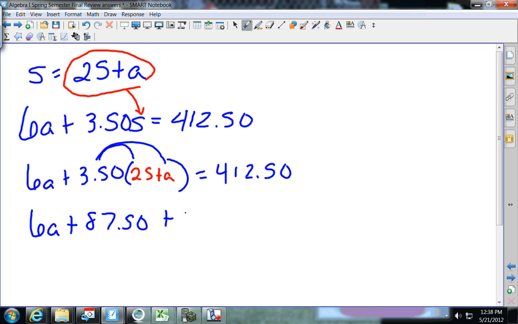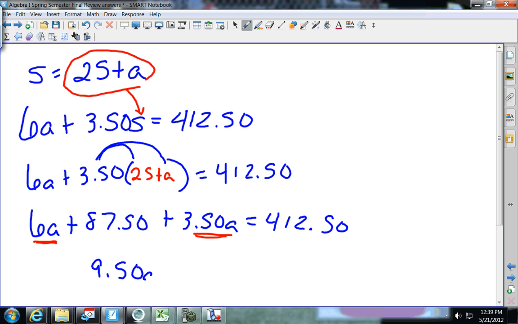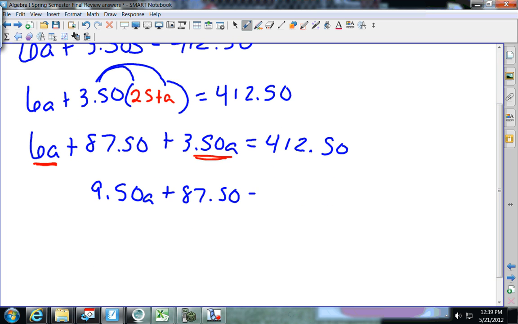3.50 times A, plus 3.50A equals $412.50. You would then put your A's together. You would get 9.50A plus 87.50, and that equals 412.50.